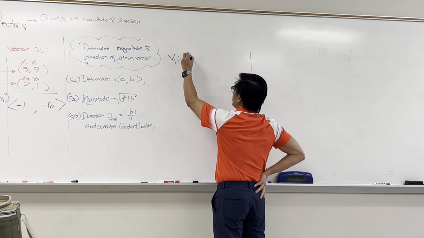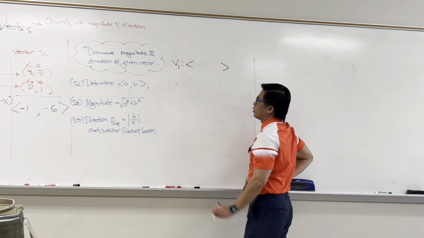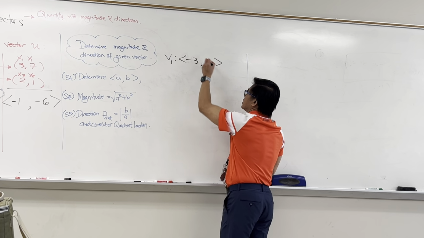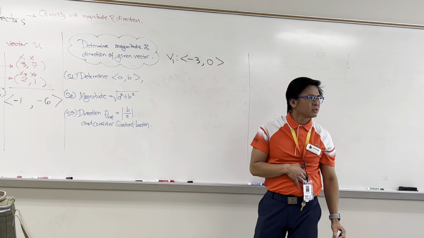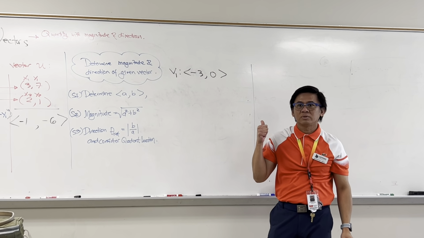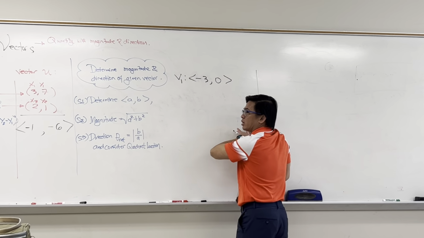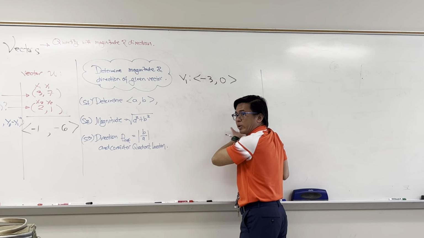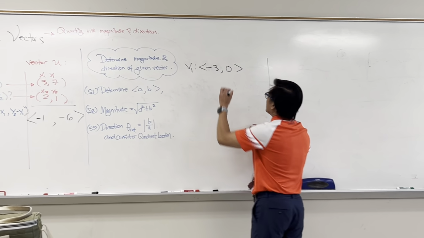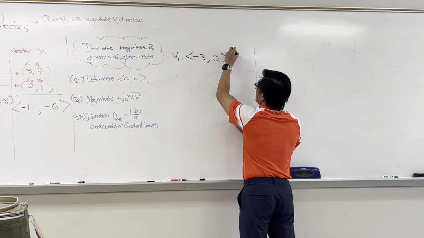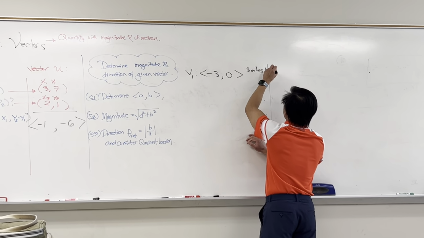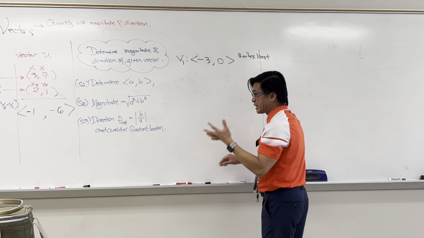So for V1, what is your vector V1? -3, 0, right? Why -3, 0? Because it went directly left, directly west, 3 units. So this is 3 miles west. Now what's our V2?